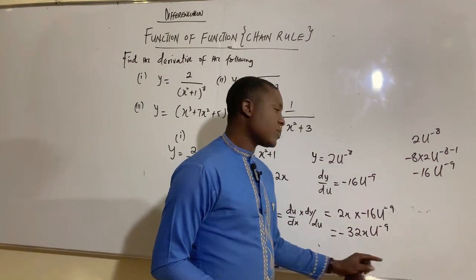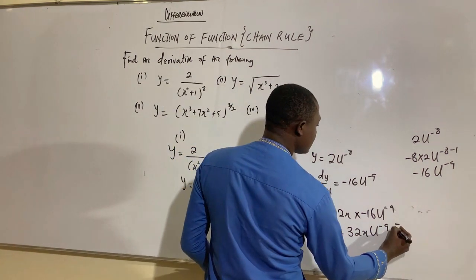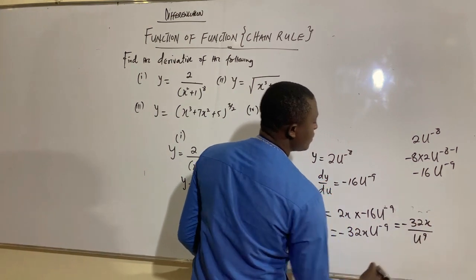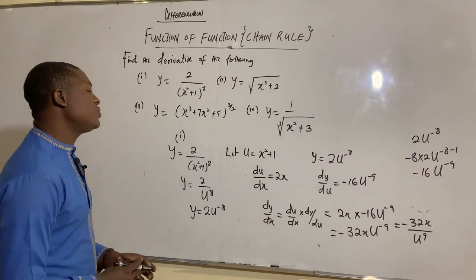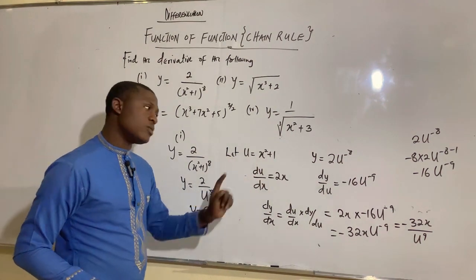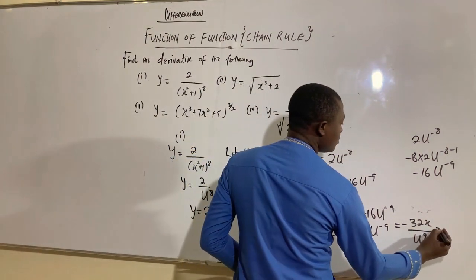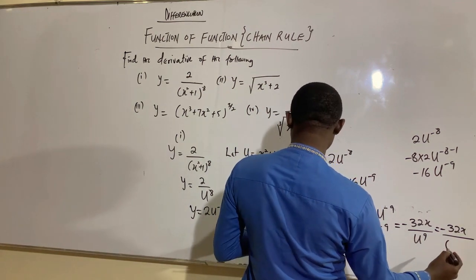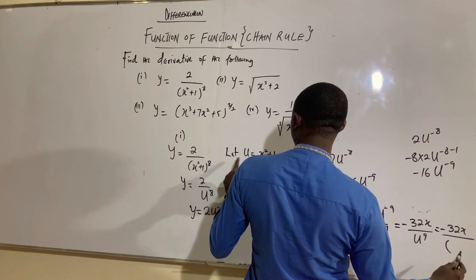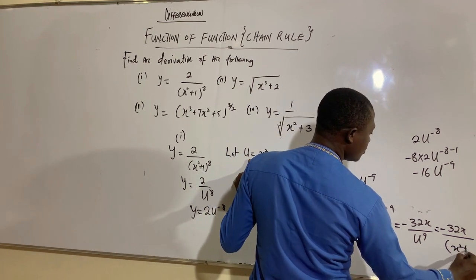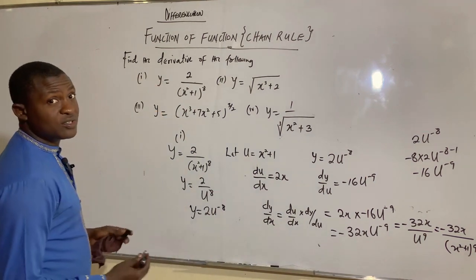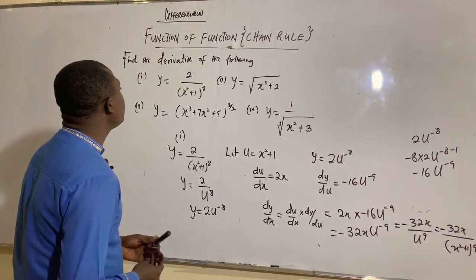This is negative, so you can change it to minus 32x over u raised to the power of 9. But our u is x squared plus 1, so I can change this to minus 32x divided by x squared plus 1 raised to the power of 9. I hope you are following right. Good. So now let's try the next one.